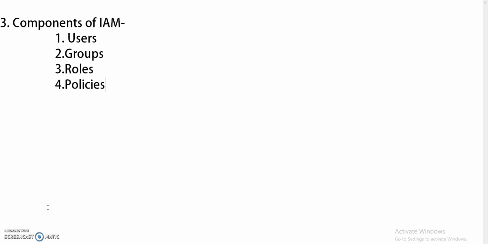First, we need to create a user and then we'll give permissions to it. Any person who needs to access your AWS account has to be added as a user in your IAM account. So let's go to the AWS Management Console and show you how you can create a user in IAM.